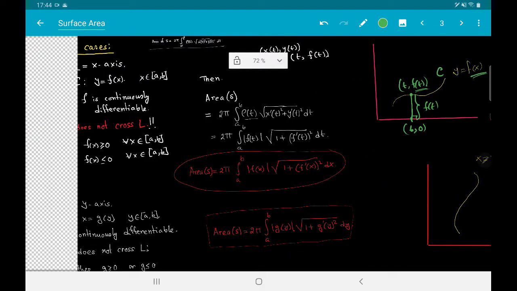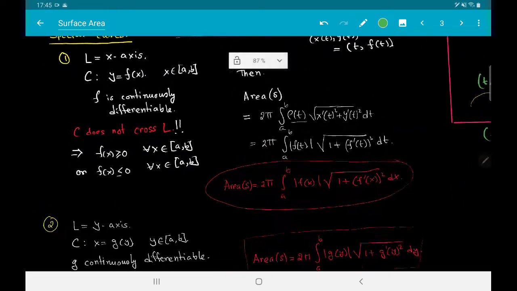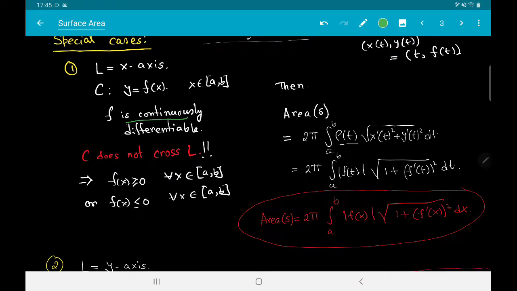Suppose that f is continuously differentiable and our curve is given by y equal to f of x, where x belongs to the interval a b.